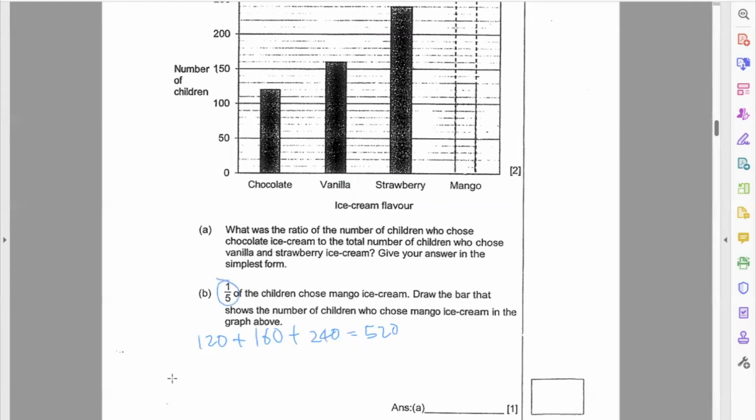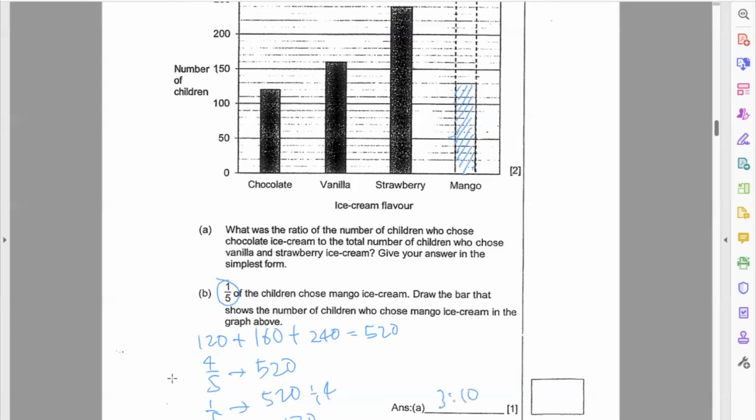If 1/5 chose mango, it will mean that 4/5 didn't choose mango, and therefore 4/5 is 520 children. 1/5 will be 520 divided by 4. That will be 130, which is the number of children who chose mango. 130 will be here. 50, 100, and 1, 2, 3 here. Okay, so that's the answer.